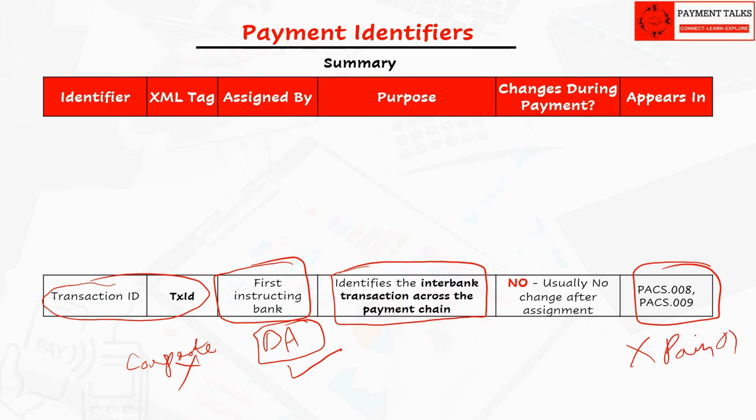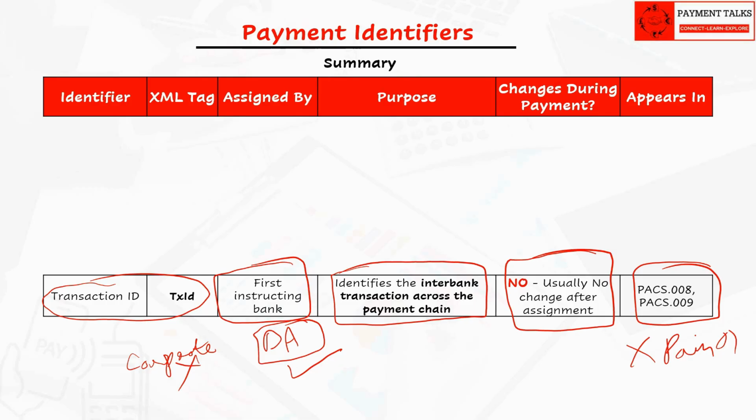What does it cover? One individual transaction across the interbank payment chain from the debtor agent onwards. Key rule is, once the debtor agent assigns the transaction ID, it is passed unchanged through every subsequent bank in the chain. Unlike message ID and instruction ID, the transaction ID does not change at each hop.